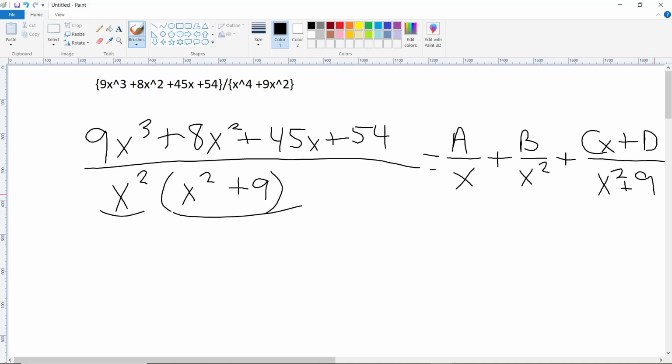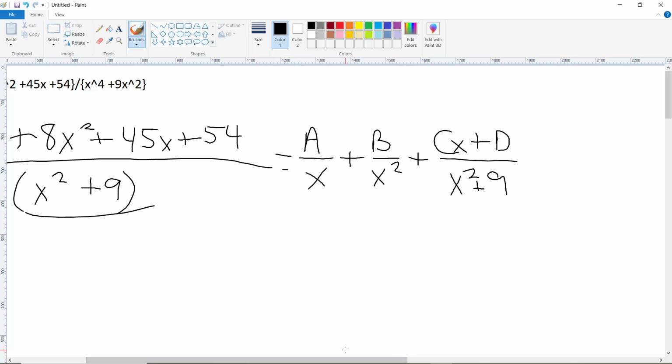Then I'm not really worried about the denominators, but I have to look at the numerators as if I'm trying for a common denominator. The common denominator is x squared times x squared plus 9. So it would be A times x squared plus 9, because 1 x factors out, plus B times x squared plus 9.